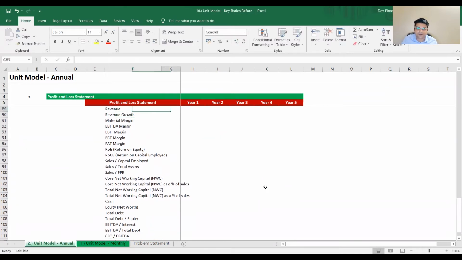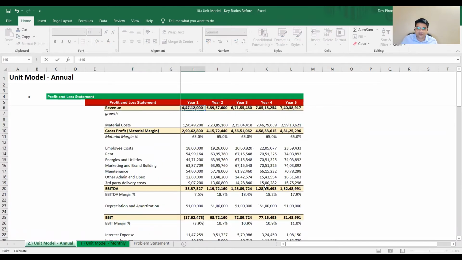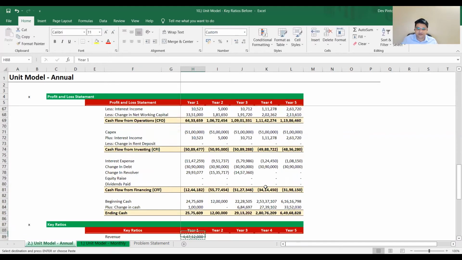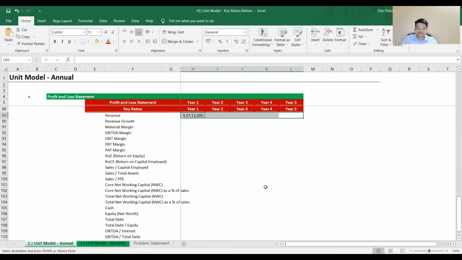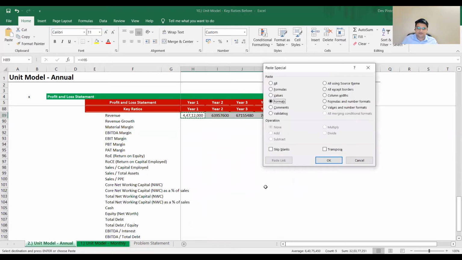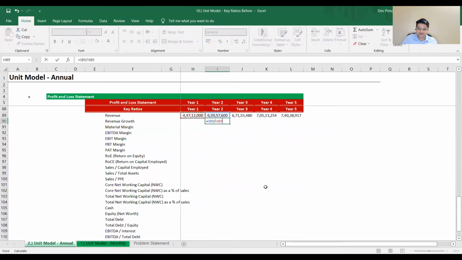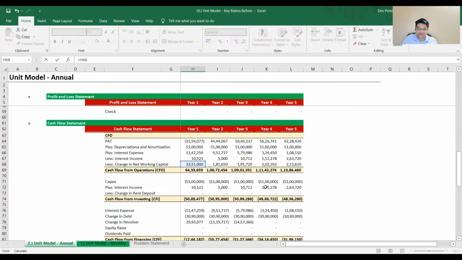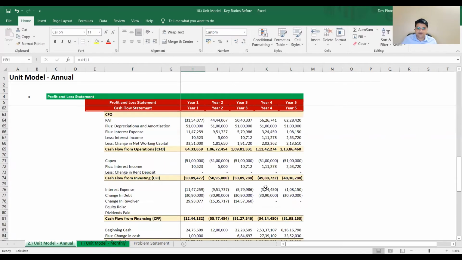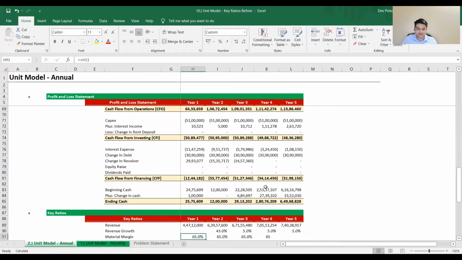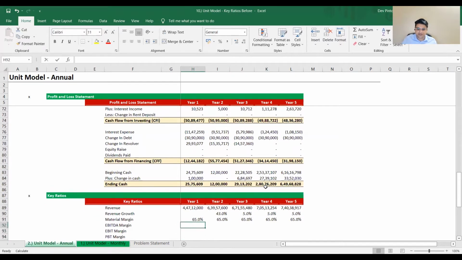Okay, so let's begin. Revenue, let's just link it up here. This revenue growth is nothing but this divided by the previous minus 1. Okay, material margin, 65%. We're assuming it to be the same.